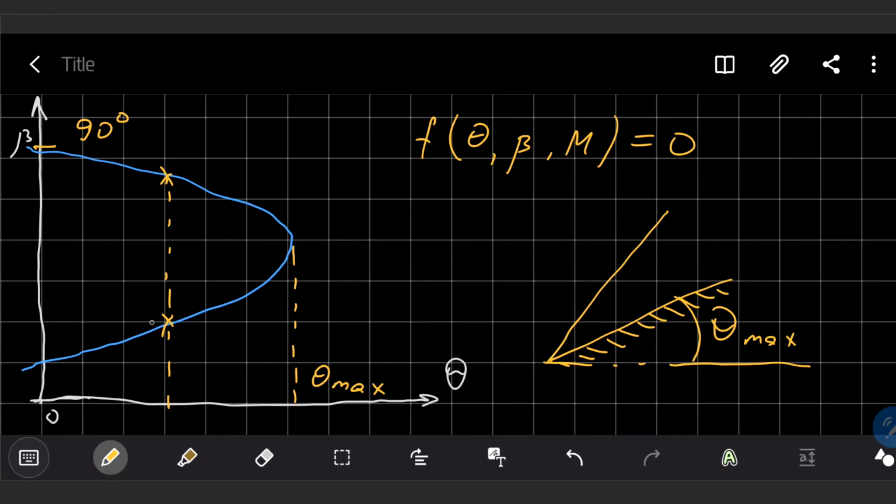How to determine which one is valid? You just take two roots from this equation. Numerically, you can receive two roots, and you just take the smallest root of the solution.